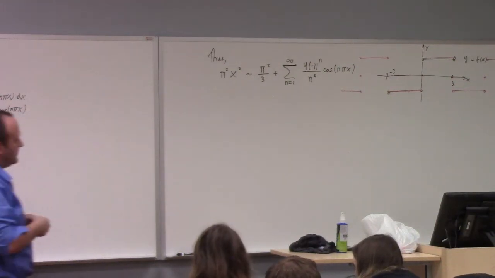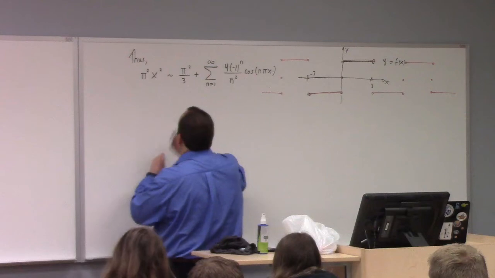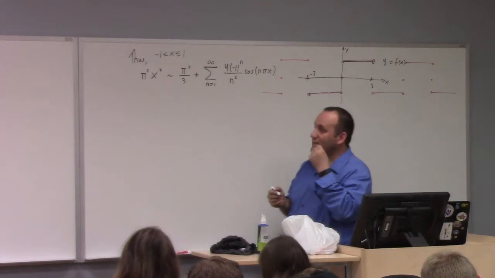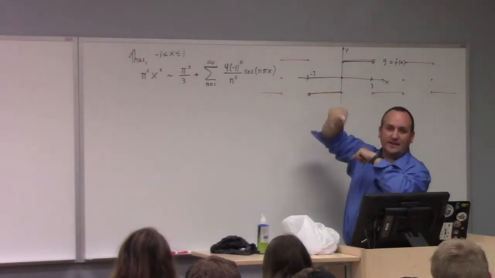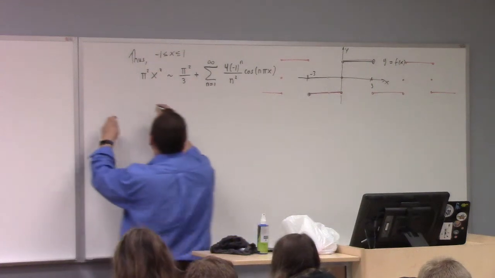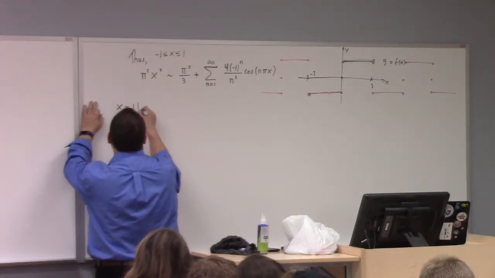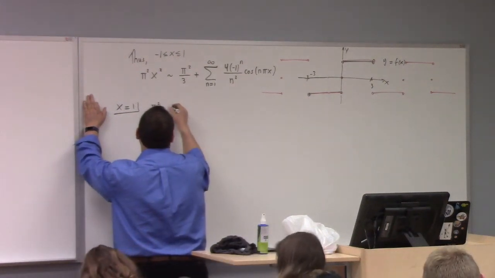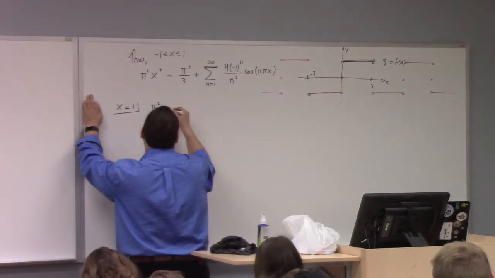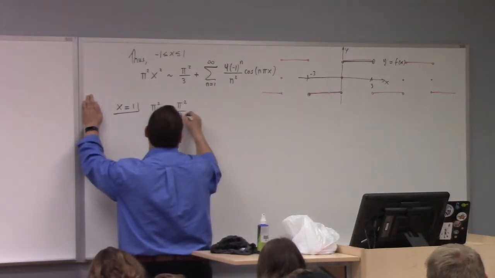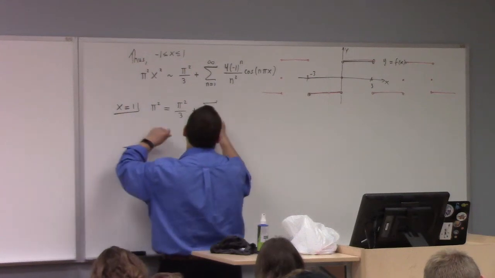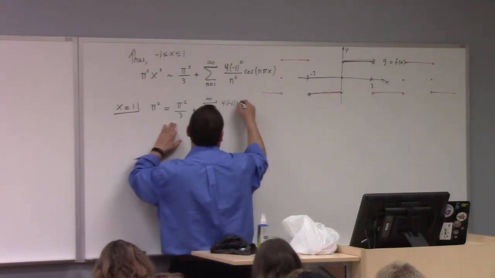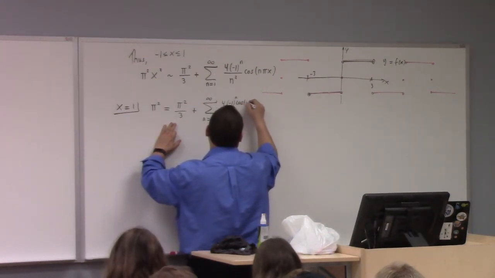I just want to stop and smell the roses here for a second. This is for minus 1 less than or equal to x less than or equal to 1. What would happen if we plug in x equals 1 for this? What do we get? What's cosine of n pi?